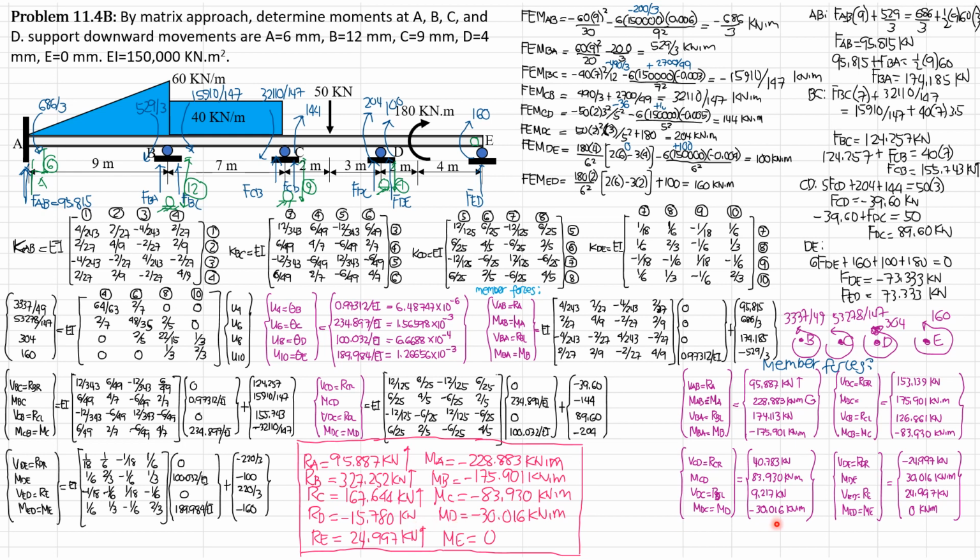Then MD is just MDC, negative 30.016 kilonewton meter. RE is shear ED or RE left, and it is equal to 24.997. Finally, moment at E, which is expected to be 0, is indeed 0. So that's it for this video because it's now long.